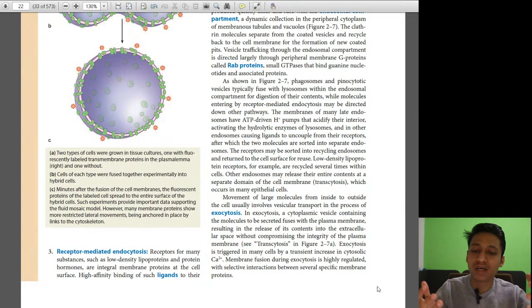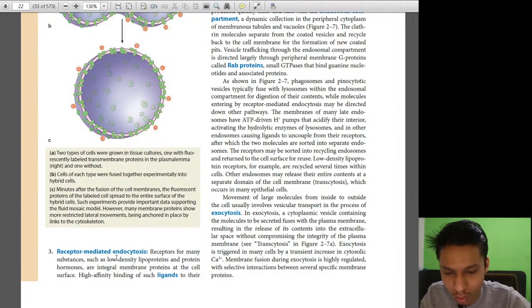And the third type of endocytosis is receptor mediated endocytosis. Receptors for many substances such as low density lipoproteins and protein hormones are integral membrane proteins at the cell surfaces. We need to remember for what type of substances receptor mediated endocytosis occurs.